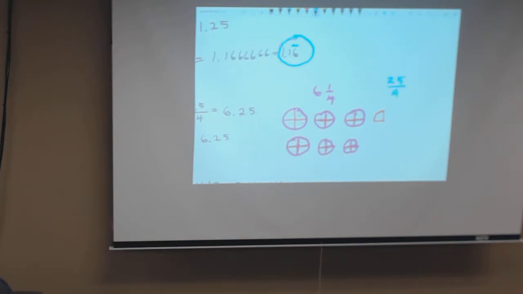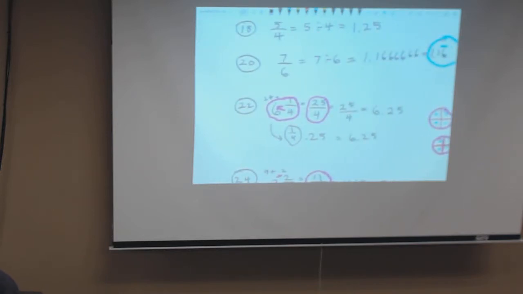I have 25 fourths here if I count them all up. Or you can take 4 times 6, get 24, and add the 1. You get 25/4. So now I divide 25 by 4, because I'm supposed to change it to a decimal, and that is 6.25. Okay?